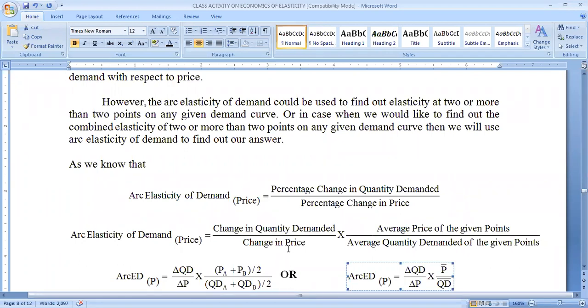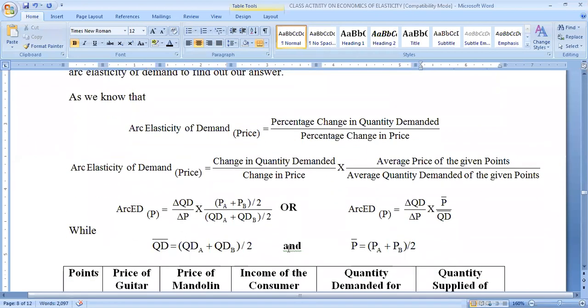So what we need to do, we need to find out percentage change in price equals change in price divided by average price of 3 points equals 20. Okay, so let me read this formula for you people again. Arc elasticity of demand with respect to price equals change in quantity demanded.